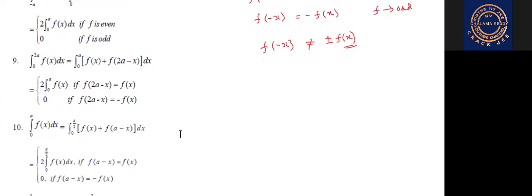10th one: observe integration 0 to a f of x dx. If f of a minus x is equal to f of x, these conditions satisfied, then we write 2 into integration 0 to a by 2 f of x dx. If f of a minus x is equal to minus f of x, the answer is 0, directly we can write.